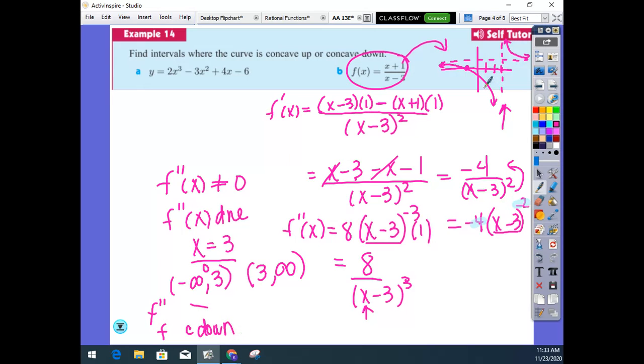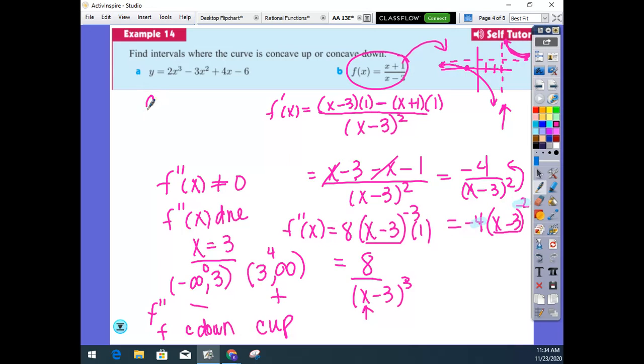Do you see this? It's concave down. That matches what I think it is. Then I'm going to plug in 4. That's in this interval. If I plug 4 in, I get 1 to the third. 8 divided by 1 is a positive value. So f is concave up. That's on this part. That also makes sense.